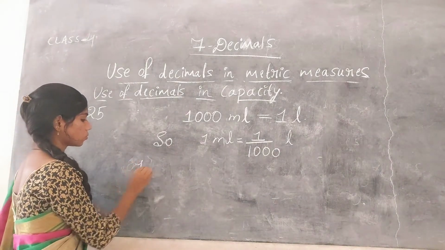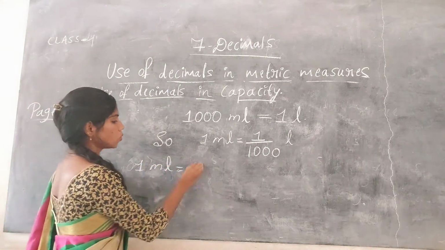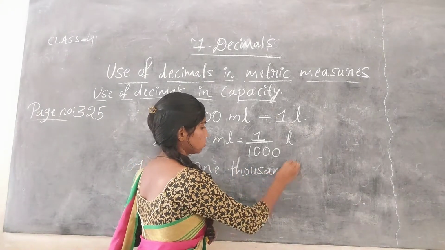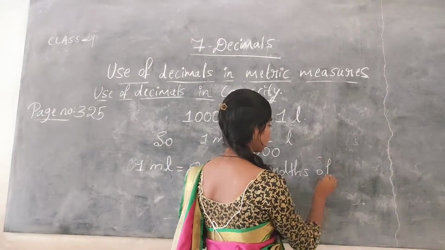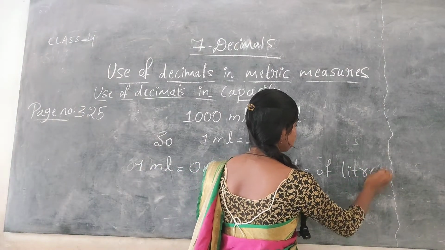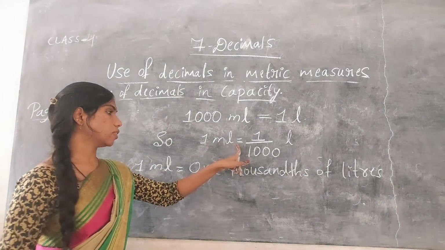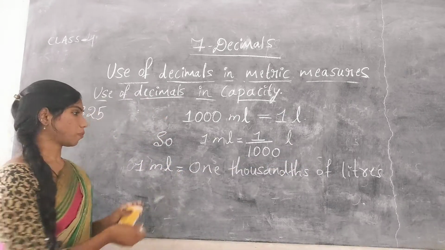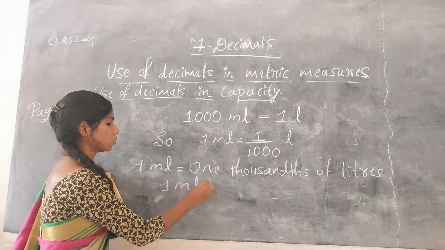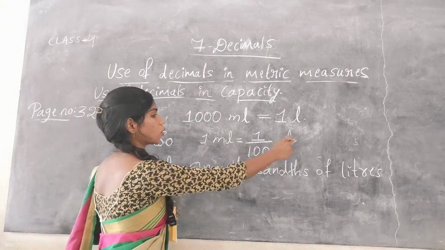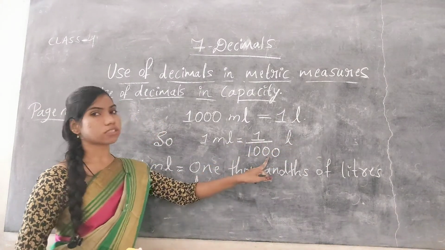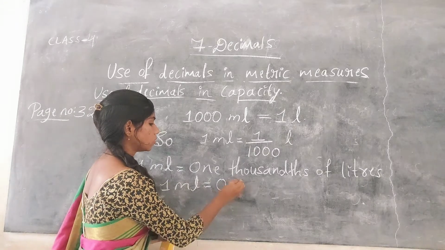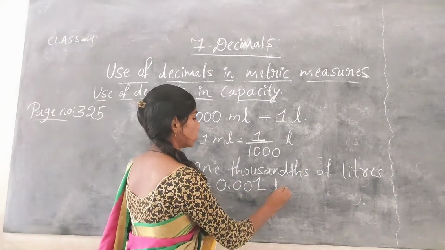So 1 milliliter is equal to 1 by 1000 of a liter. In decimal we can write it as 0.001 liters.